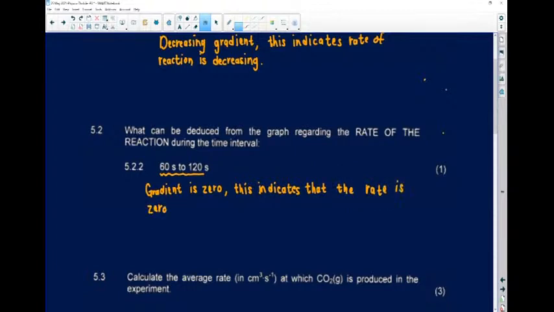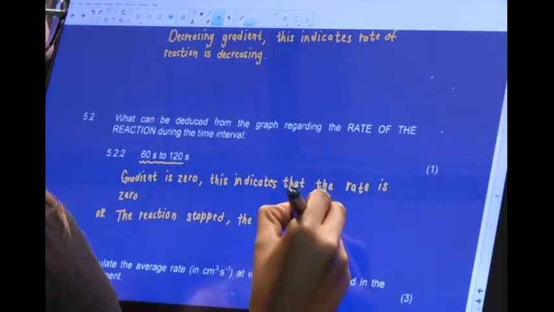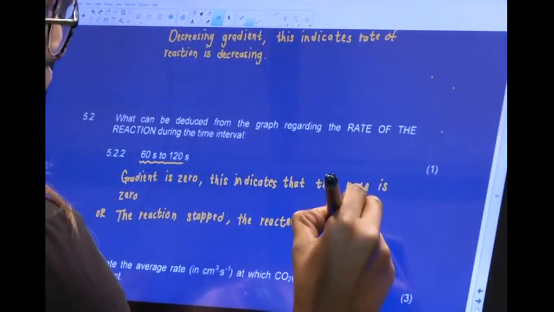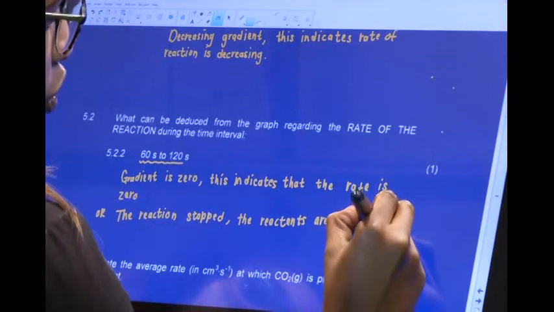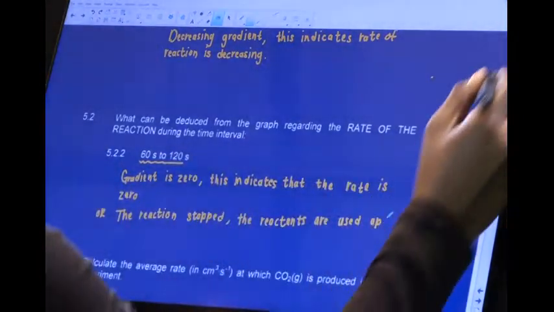Or you could have also said that the reaction has stopped. We also see this when we talk about Le Chatelier's principle. When the gradient is 0, the reaction has stopped. The reactants are used up. Remember, if there are no more reactants, we cannot make any more product.